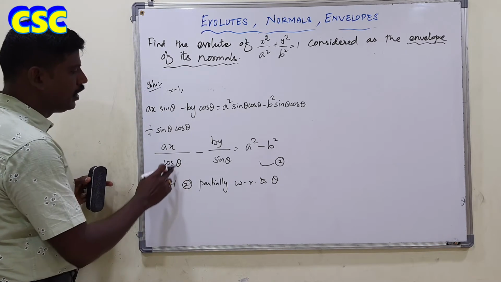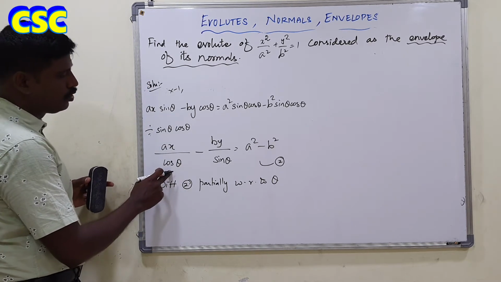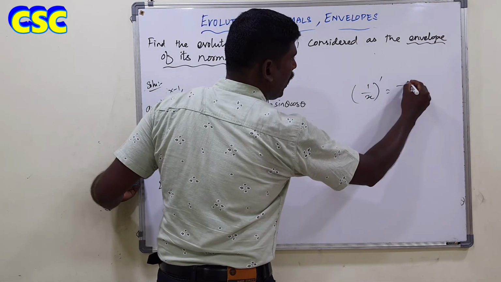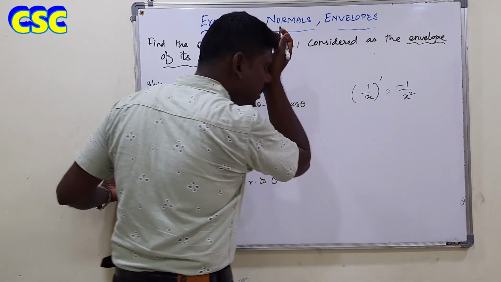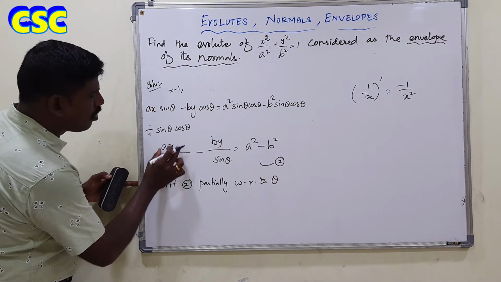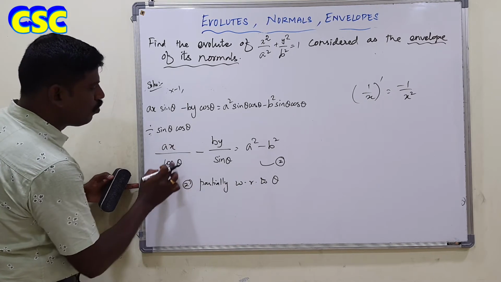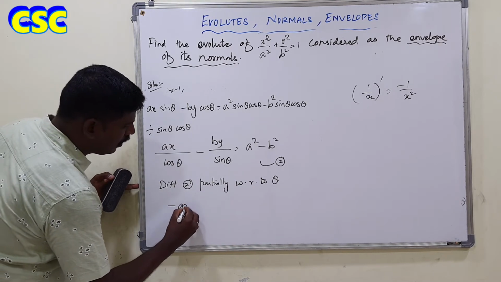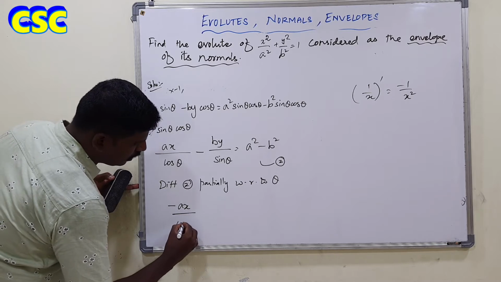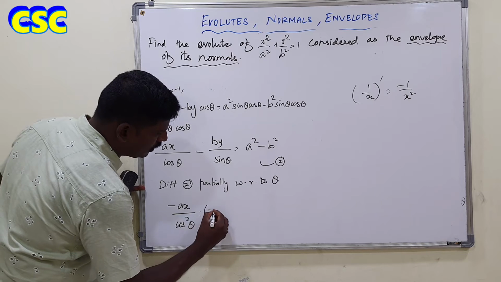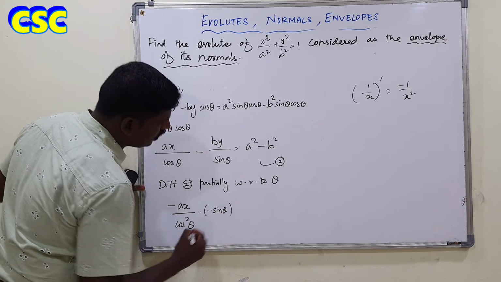So 1 by cos theta is in the form of 1 by x. What is the derivative of 1 by x? Minus 1 by x square, isn't it? So ax is constant; differentiating partially with respect to theta, 1 by cos theta becomes minus 1 by cos square theta. Then what is the derivative of cos theta? Minus sin theta, isn't it?